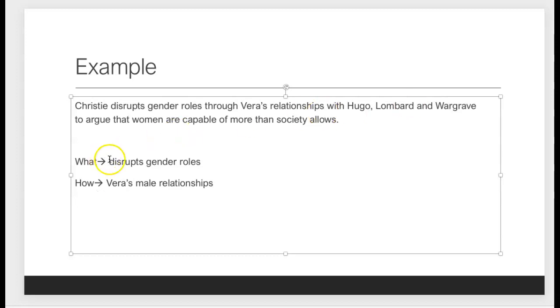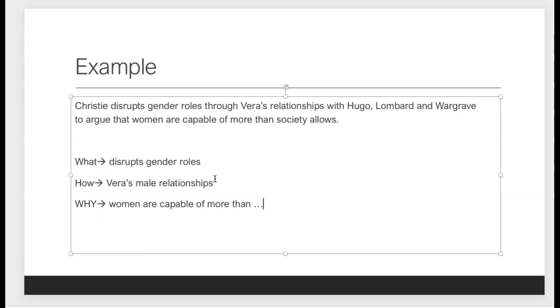Anyways, what does she do? She disrupts gender roles. How does she do that? Through Vera's various male relationships. Why does it matter? So what? Well, she's arguing that women are capable of more than society allows.